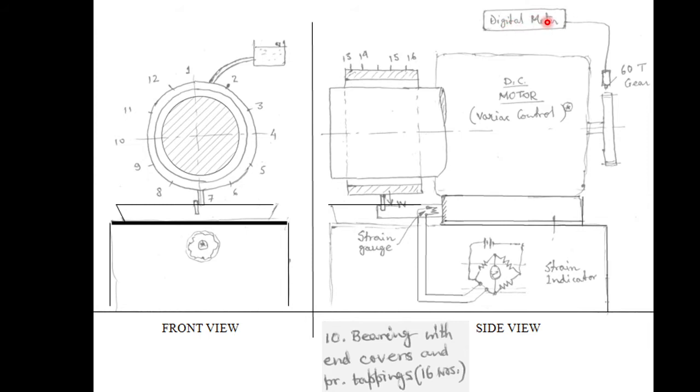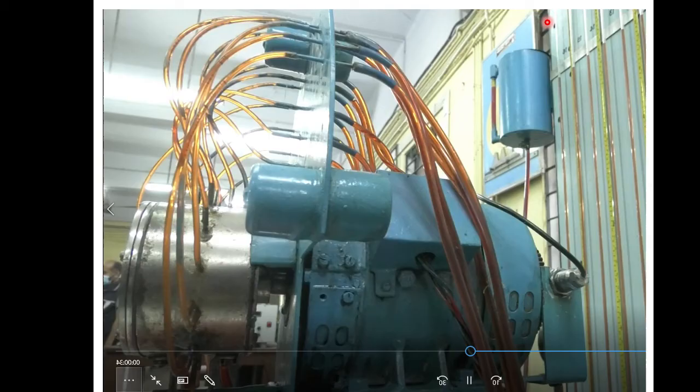You can see that part in this figure. This is the same type of sensor we had used earlier. You can observe some of the gear teeth here. The sensor faces the gear teeth, and for each rotation we get 60 signals. It is connected to the digital tachometer. This is clear.